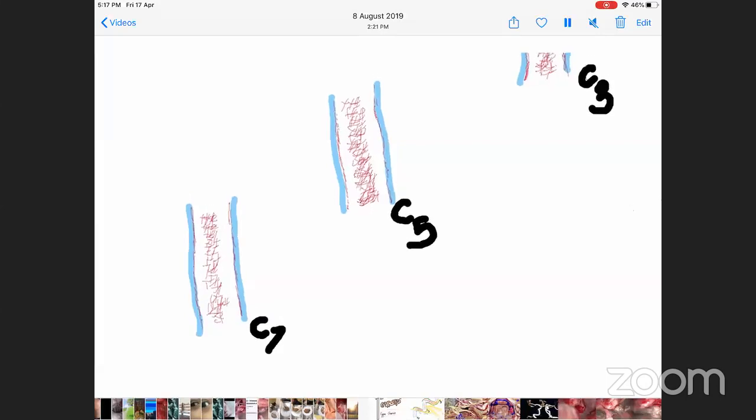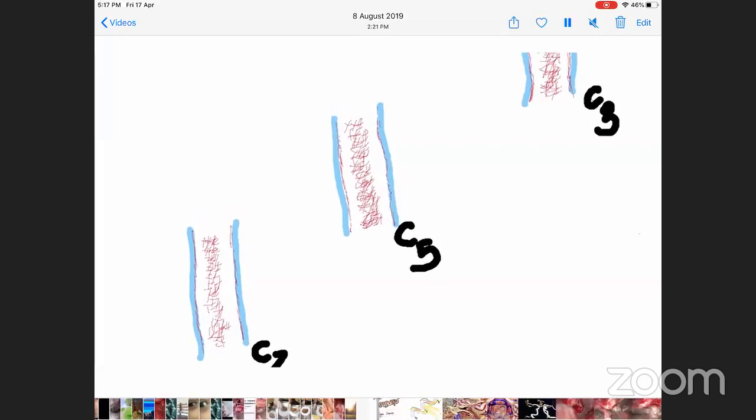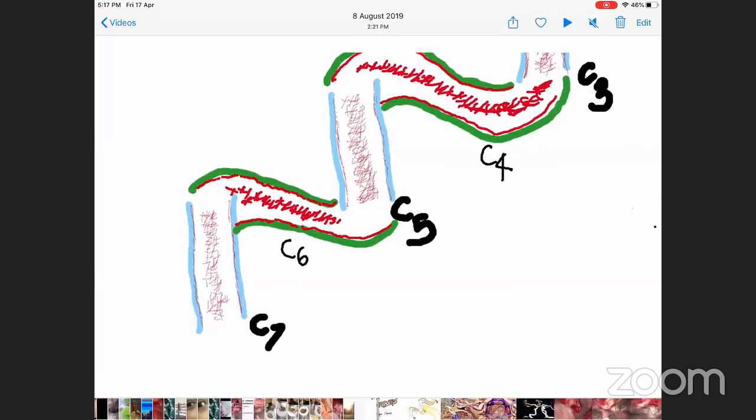Now, as we go forwards, I'm going to connect C3 to C5 with C4. That is a horizontal segment, and C5 to C7 with another horizontal segment, that is C6.